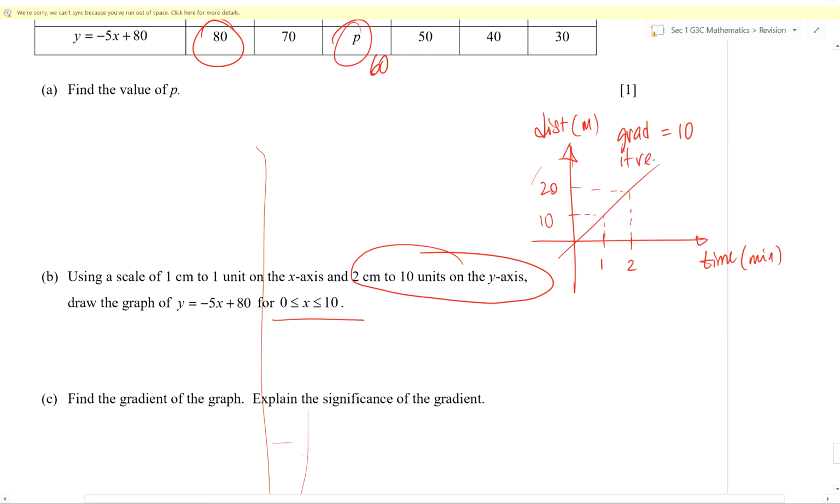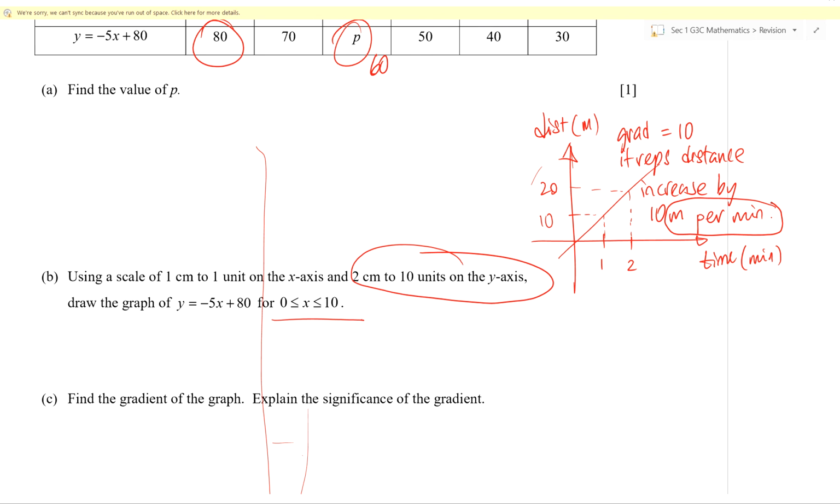It represents distance increase, because it is sloping up, by 10 meters per minute. 10 meters every minute. What does this unit over here sound like? Meters per minute. It is the unit for what?